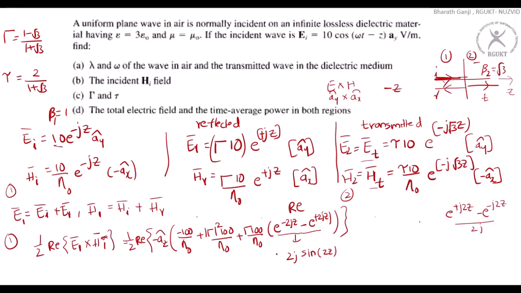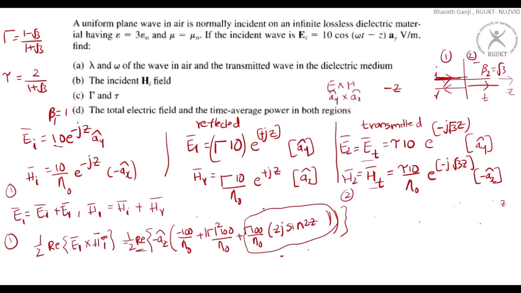I think you have a reverse, so you get a minus sign here. So I can erase this and simply write this factor as minus 2j times sine 2z. Because I'm taking a real part here, and this number is an imaginary number, imaginary number.